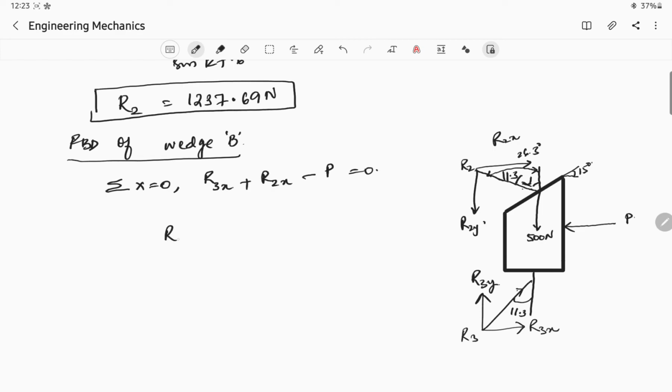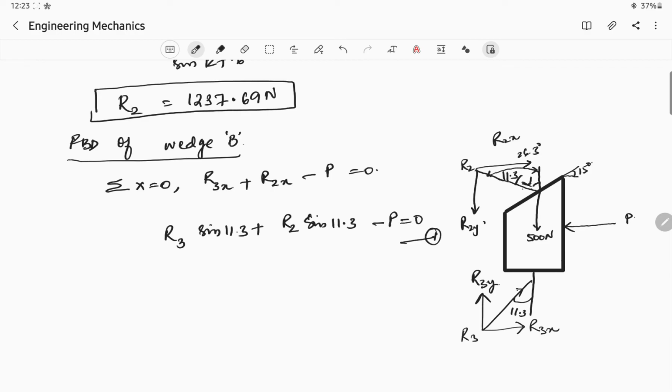So what is R3x? Since the angle is with the y-axis, it will be R3 sine 11.3. R2 again, the angle is with the y-axis, so the x component will be R2 sine 11.3, minus P is equal to 0.